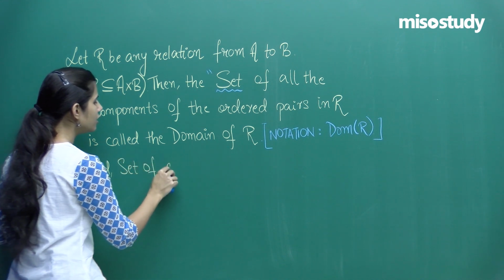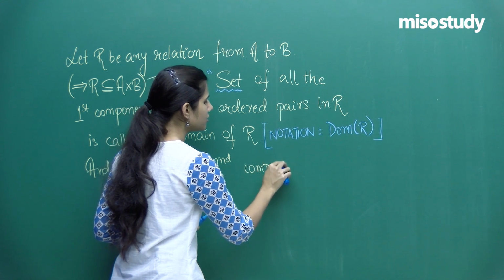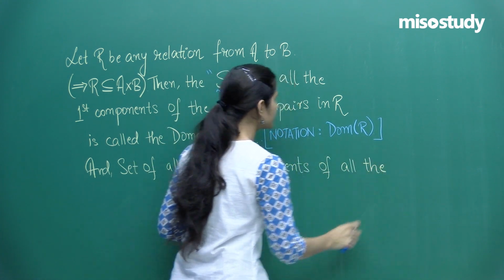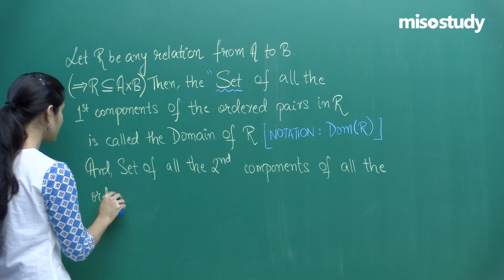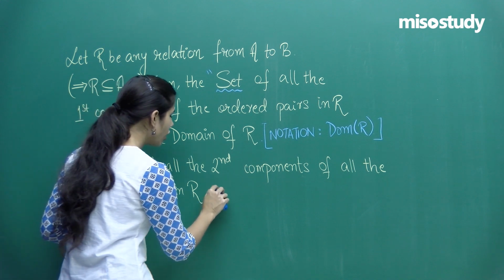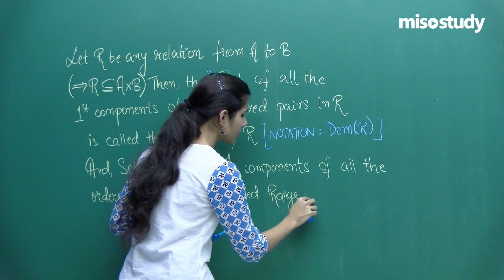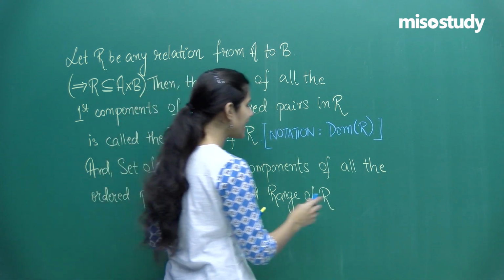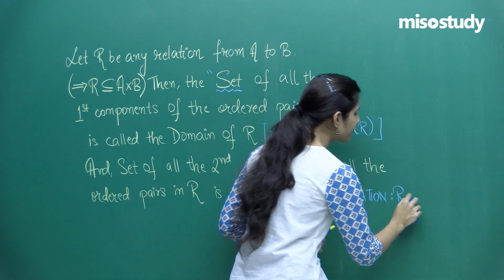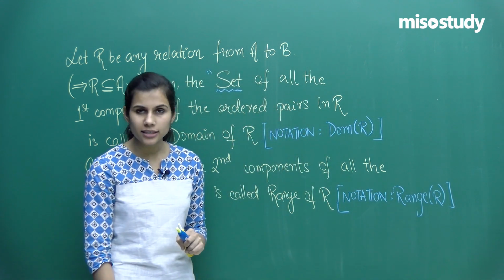Similarly, the set of all the second components of all the ordered pairs in the relation R is called the range of the relation R. And this also has a notation attached to it, which is: completely you have to write the range, then put the bracket and inside it put R, of whose range is concerned in the context.